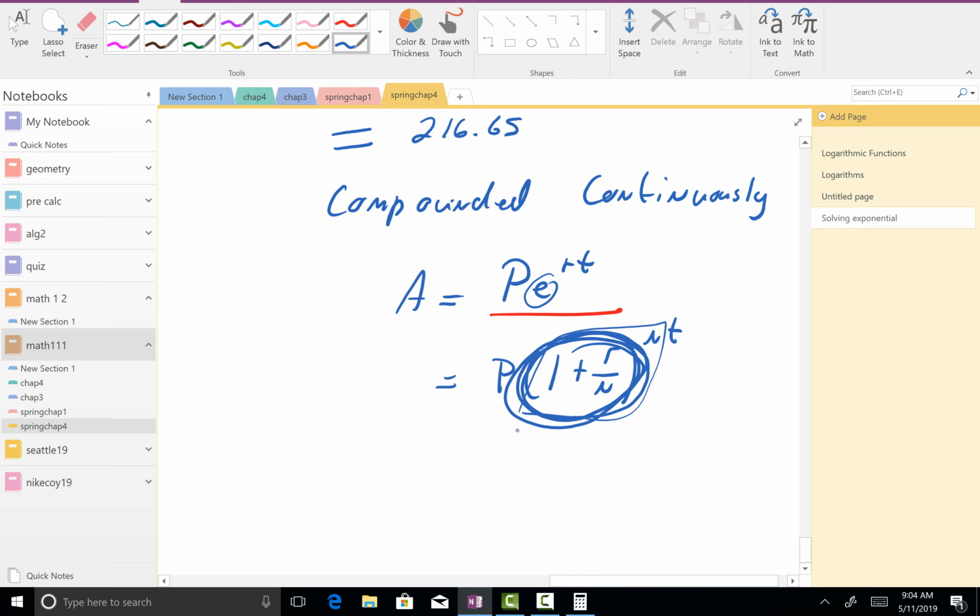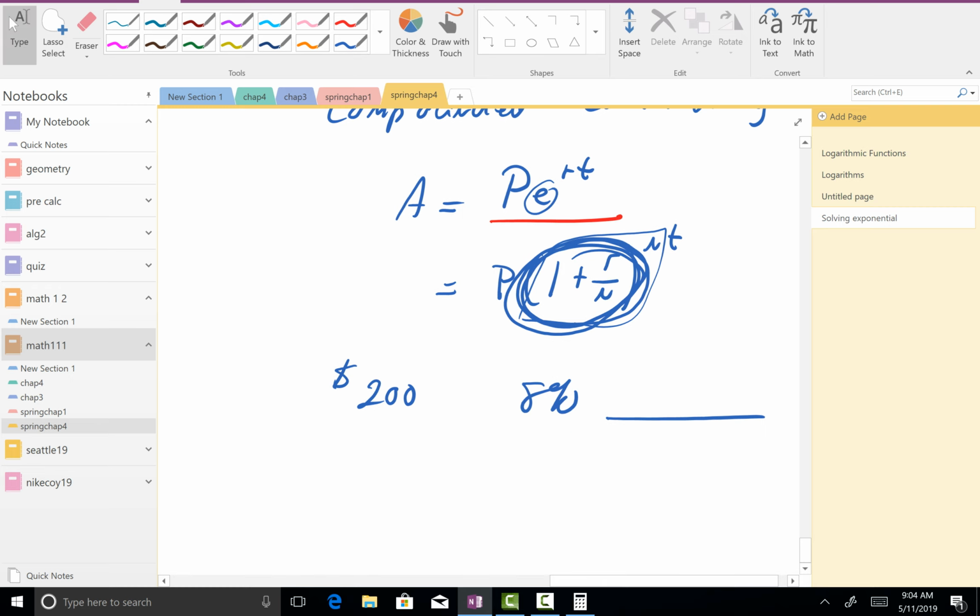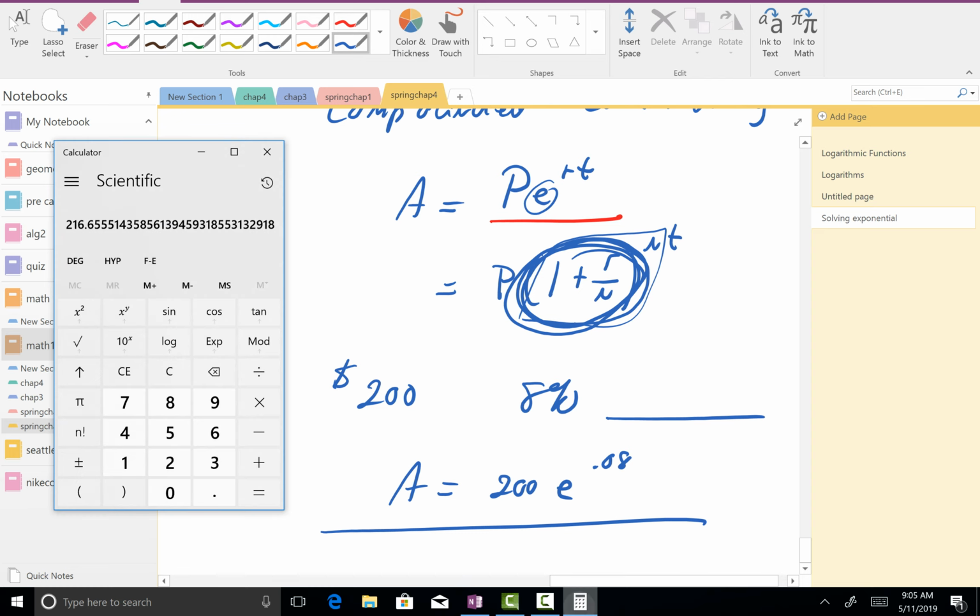So how does that work? Well, if we were going to do, again, the $200 at 8%, and this is just going to roll, it's never going to stop. So after 1 year, that's what it would be. So let's try it out here. Well, I better do this first, clear.